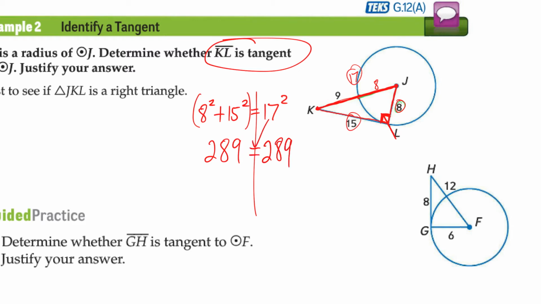Are those two equal to each other? Yes. That means that this is a right triangle, which means that this is a right angle, which means that KL is tangent to circle J. So the overall answer to this is yes. KL is tangent to that circle because there's a 90-degree angle there.